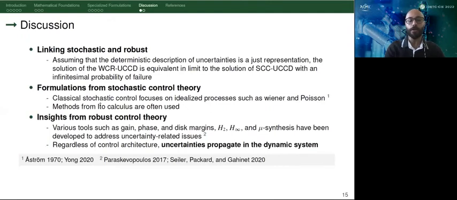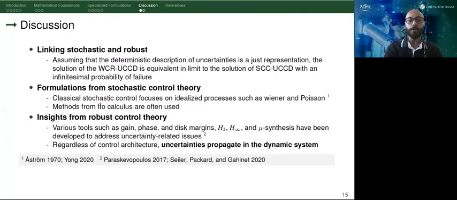In other words, the solution from the worst case robust may approach the solution from the stochastic chance constraint UCCD when the deterministic description of uncertainties is a just representation and the probability of failure associated with a stochastic chance constraint is infinitesimally small.